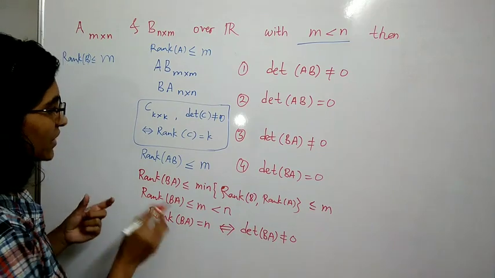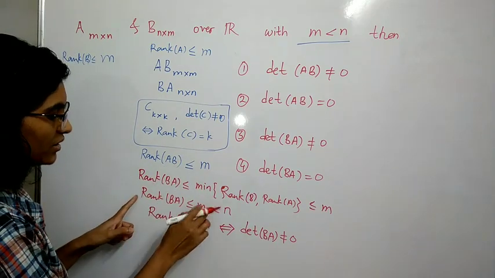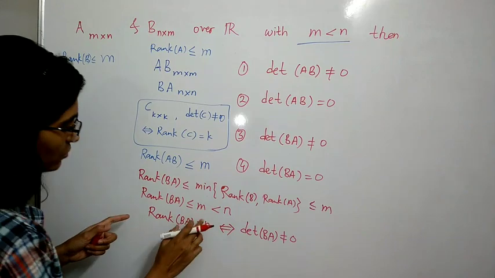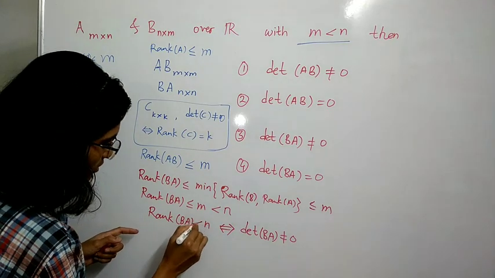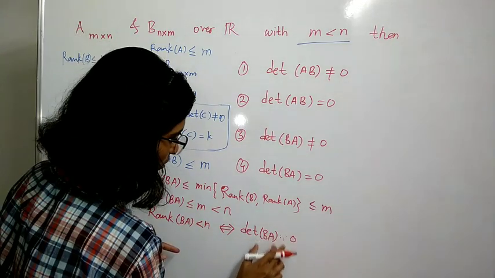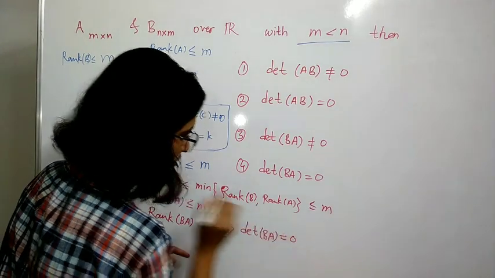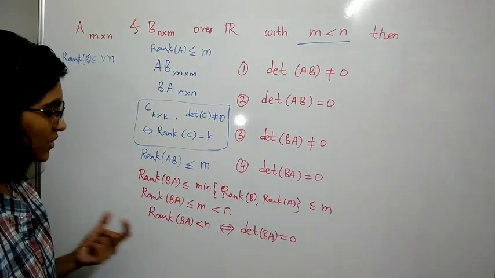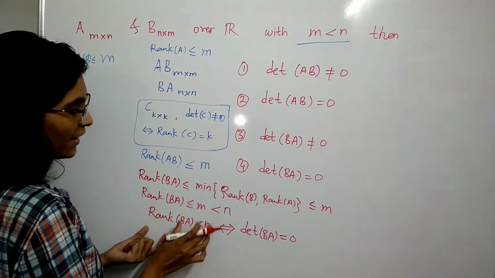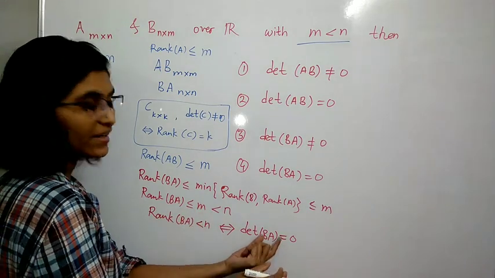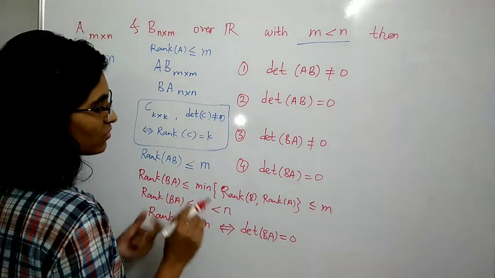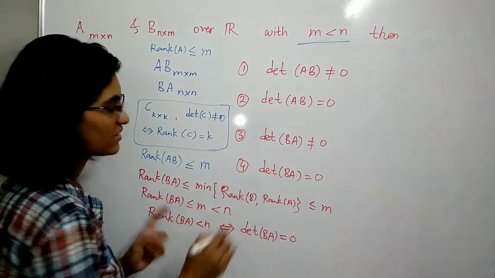But here we have rank of BA strictly less than n, so in this case the determinant is 0. That means we have determinant of BA is equal to 0. So this fourth option is the correct option.